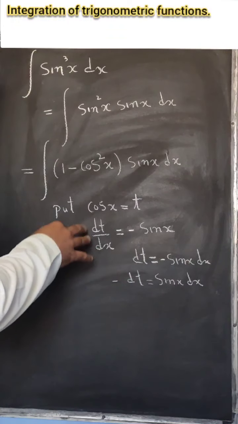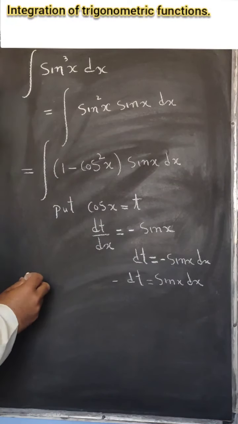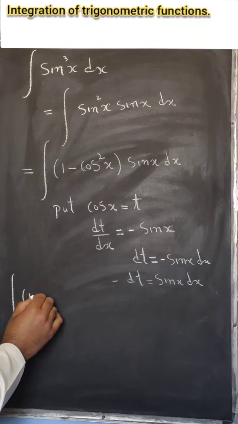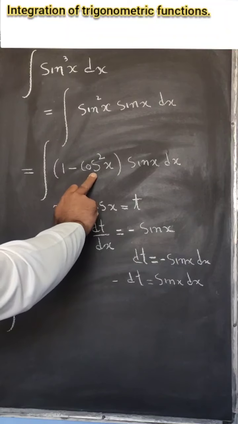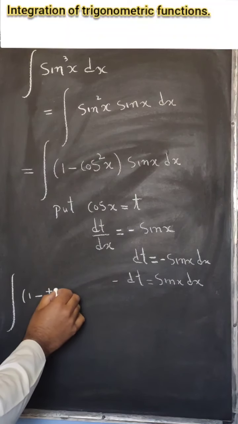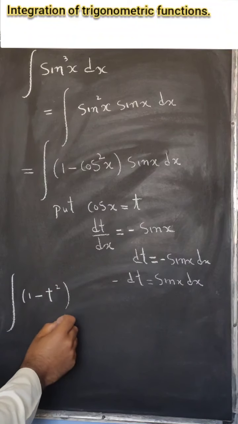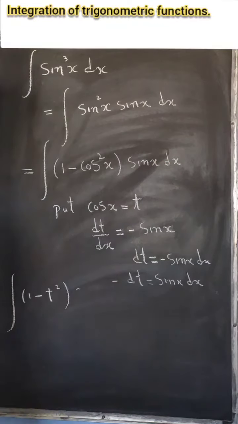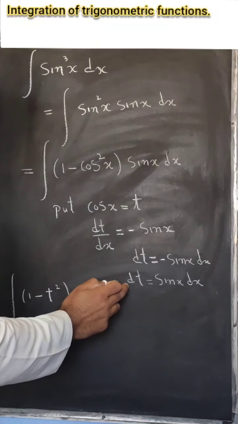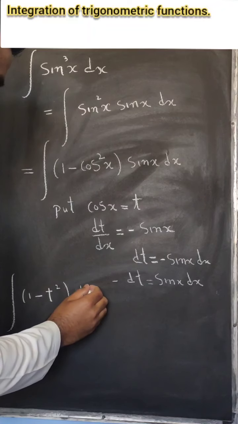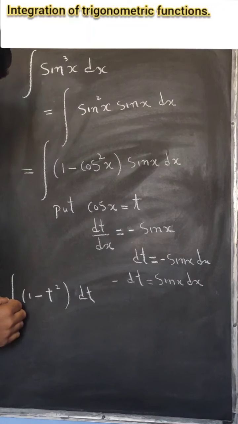Now substitute these in this integral, we get integration of 1 minus, instead of cosine we put t, it's t square, then we have sine x dx. Instead of sine x dx we put here minus dt. Let us write minus here.